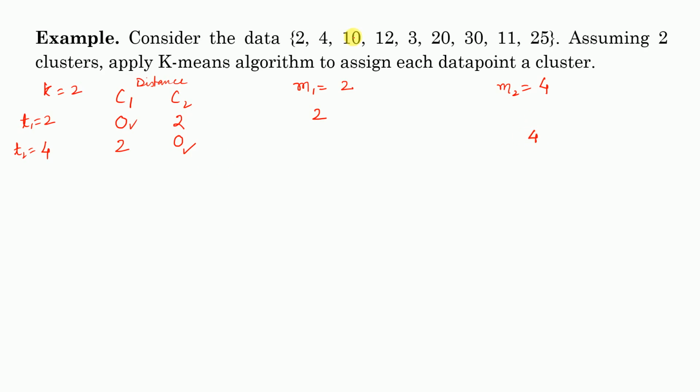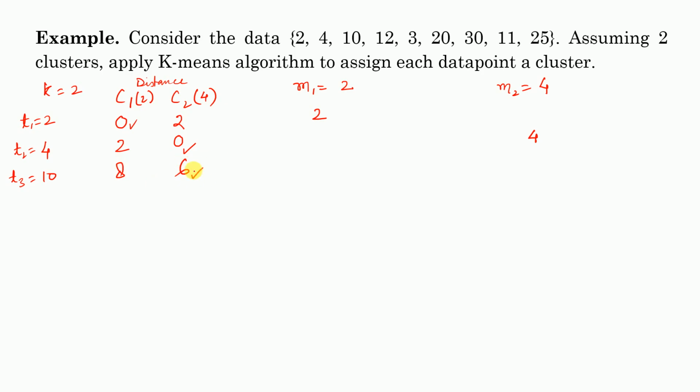Now similarly look at t3 equal to 10. I write the center means also, this is 2 and this is 4. So the distance of 10 from 2 is 8, and from 4 it is 6.